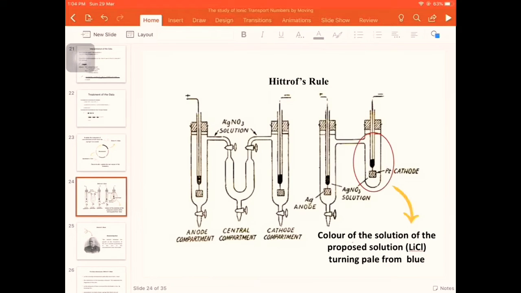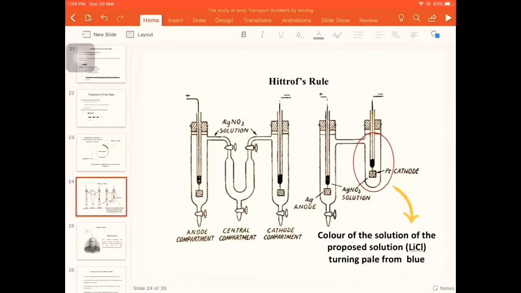Basically, I would like to simply define it for you. There is an observation near the platinum electrode. The color of the solution, which we propose to be blue for the lithium chloride solution, turned pale over time, as the concentration decreases near the Pt cathode.